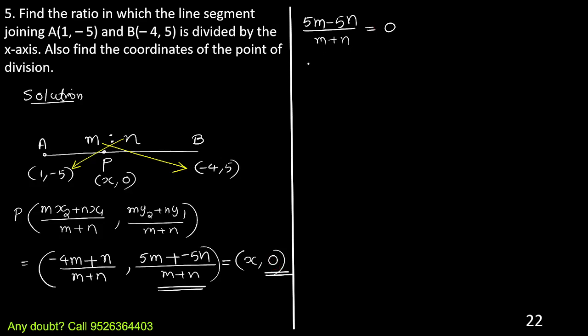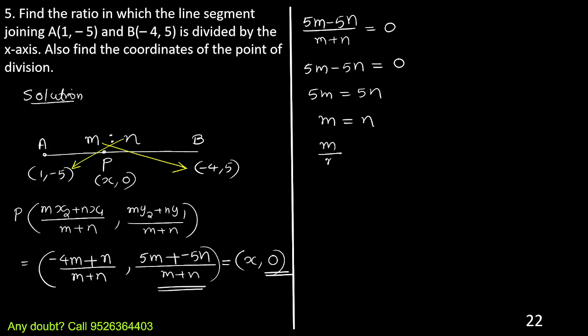Cross multiplication gives 5m minus 5n equal to 0 into (m plus n). Understood? Cross multiplication. 0 into (m plus n) is 0. Minus 5n taken to the other side: 5m equal to 5n. 5 cancels, m equal to n.